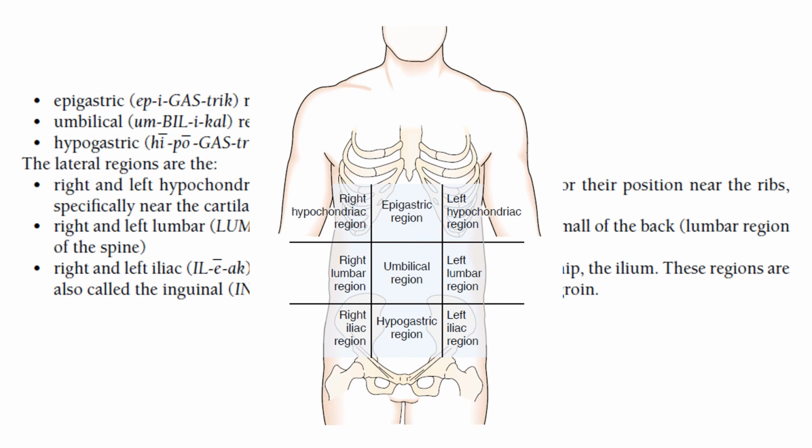It is the right iliac region and left iliac region, or right inguinal region and left inguinal region. Those are the 9 regions of the abdomen: the epigastric, the umbilical, the hypogastric, the right and left hypochondriac, the right and left lumbar, and the right and left iliac regions.